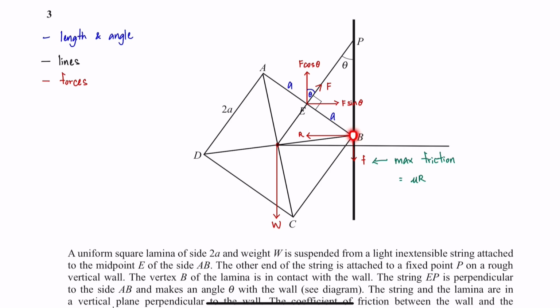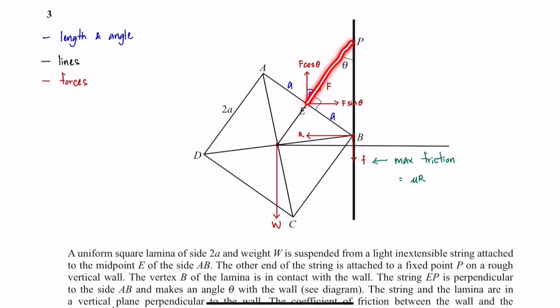When we take B as the pivot, whatever forces act through the pivot, we don't have to care about them. So the contact force and the friction act through the pivot, as you can see, so they don't exert any moment on the lamina. So now we just have to consider the tension and the weight.